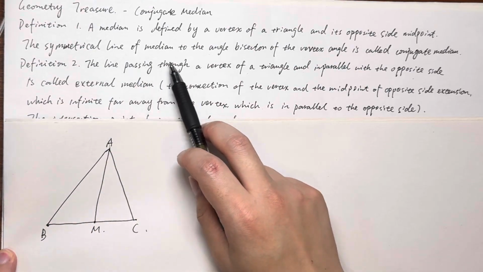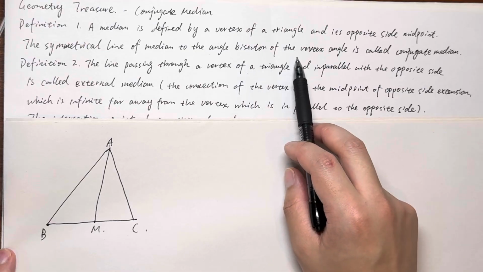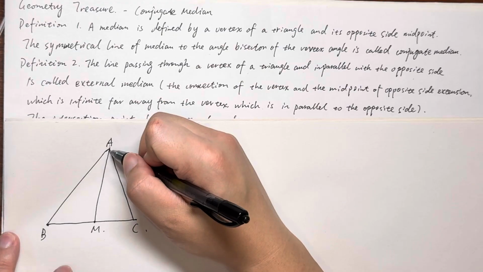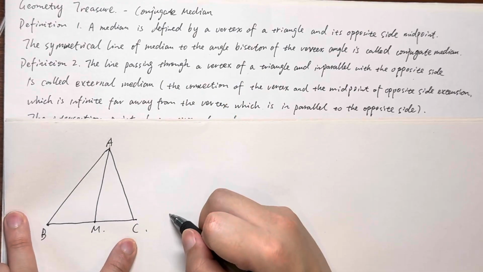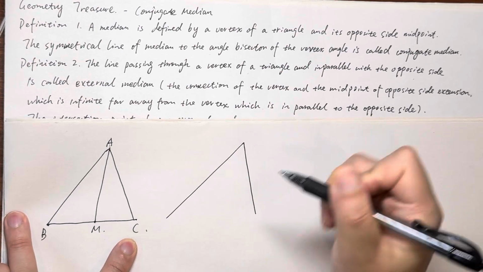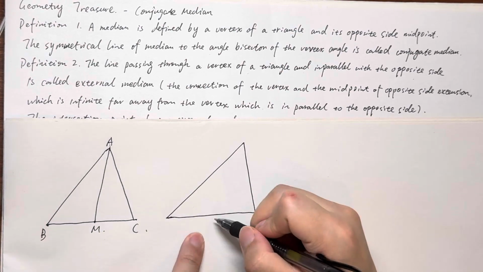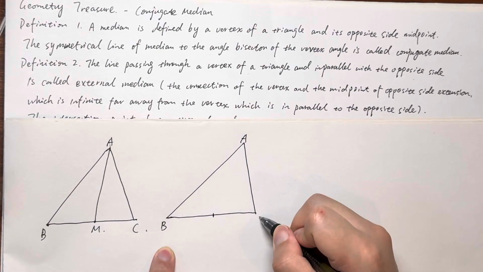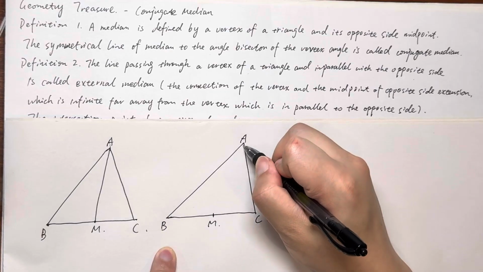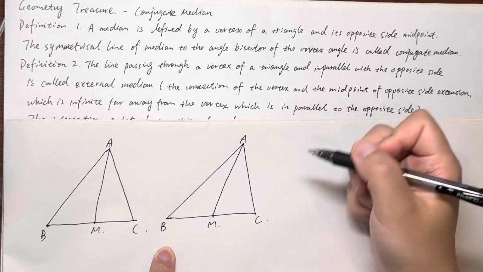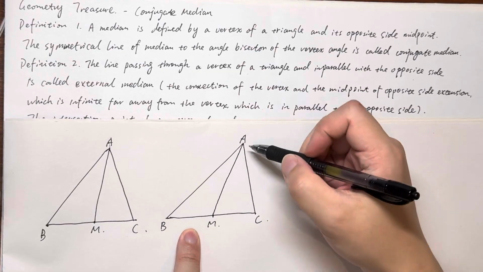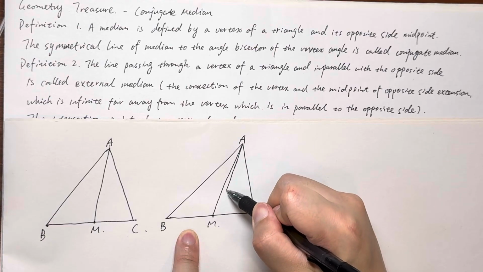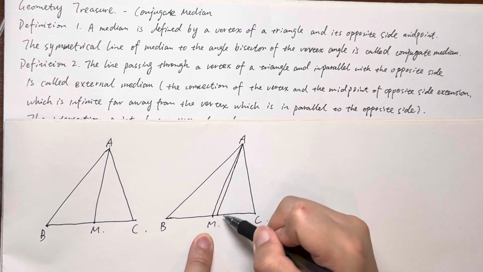The symmetrical line of the median with respect to the angle bisector of the vertex angle is called the conjugate median. This figure is not that clear, so let's make another one here, which is easier to check. For example, this is the median. This is a midpoint. We connect AM, which is a median of the triangle ABC, and we find the angle bisector here, let's call it AD.